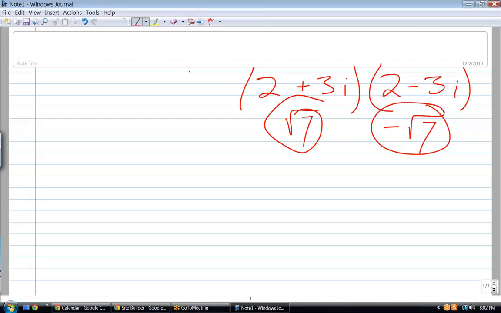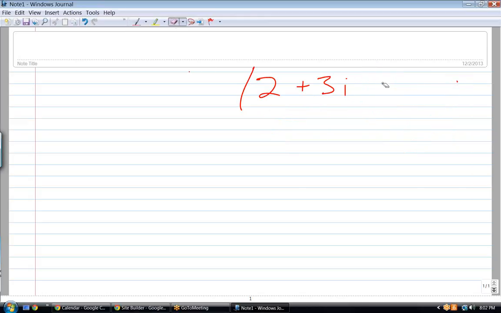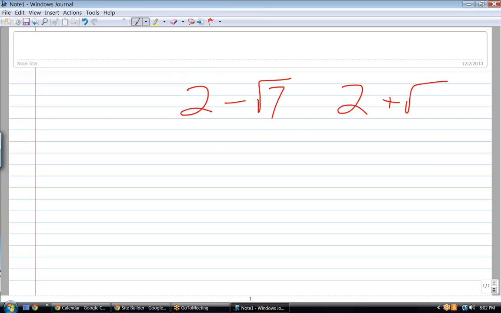We know it's 4th degree because it has 4 solutions. If one of those solutions was 2 minus root 7, then the other solution is 2 plus root 7. So it's just the conjugate.